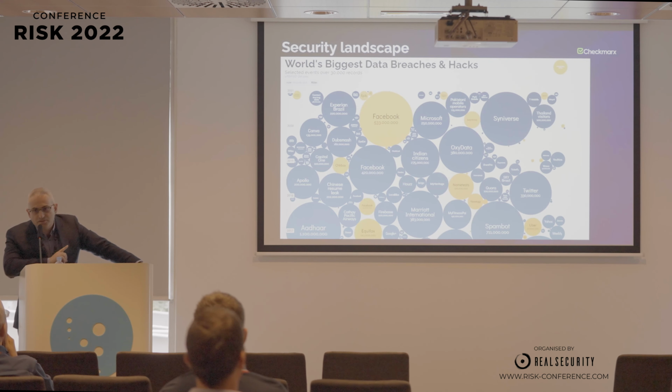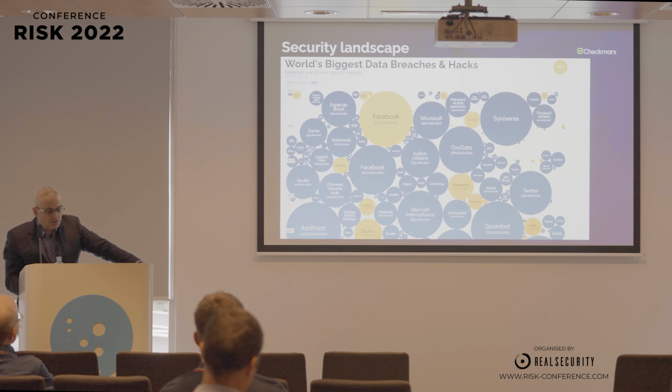What's important is that we can see representatives from different verticals. We have something from technology like Microsoft, something from social media like Facebook, we see Facebook twice, and we see government, like an Indian government office.